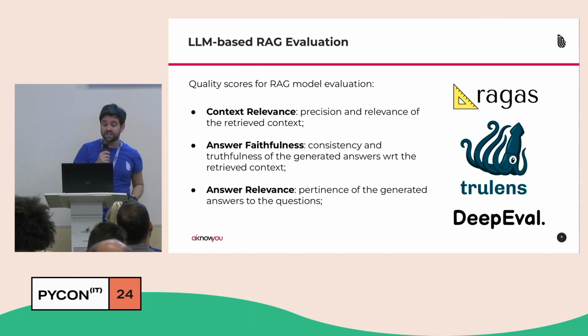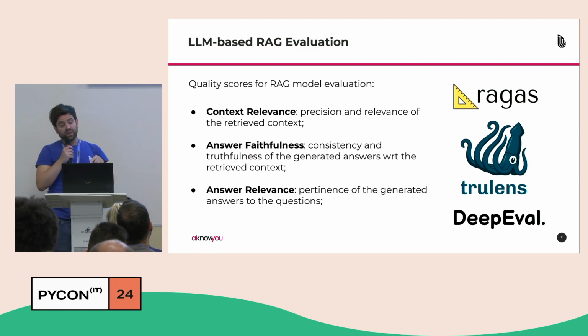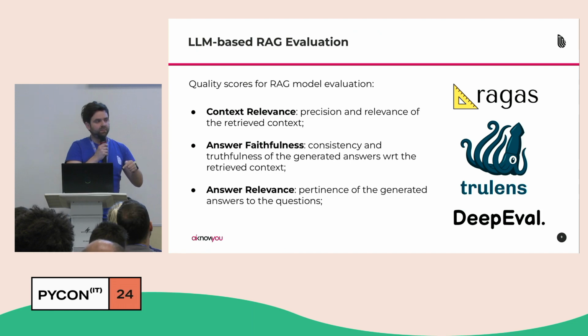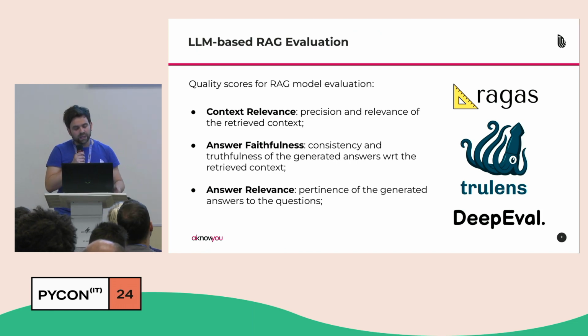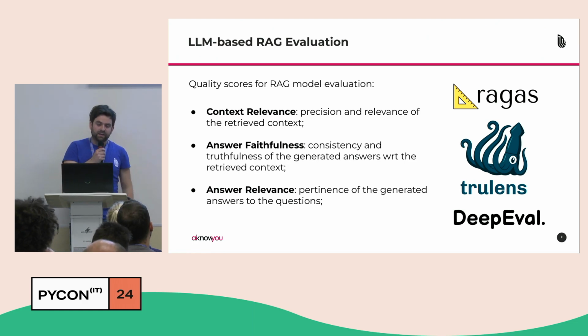The answer faithfulness, so the consistency of the generated answer with respect to the retrieved context. So I have an answer, and I would like the generation to be faithful to that context. And the answer relevance, which is the same thing as the context, but for the answer. So the pertinence of the generated answer given the question.